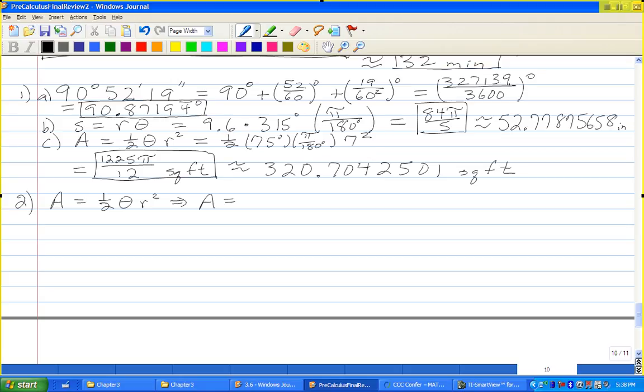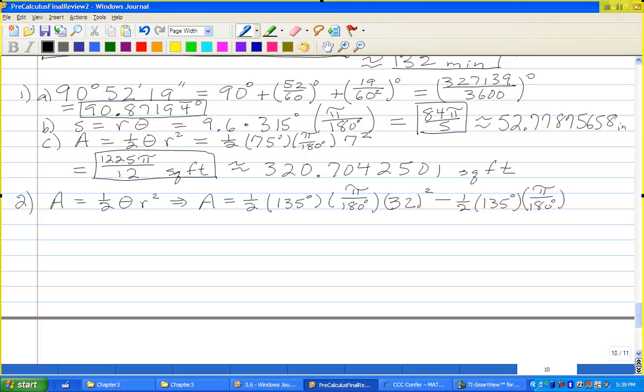So it's 1/2 theta, which is 135 degrees times pi over 180 degrees to make this into radians, times the radius, which is 32, the outer one, minus, well, 1/2 135 degrees pi over 180 degrees.